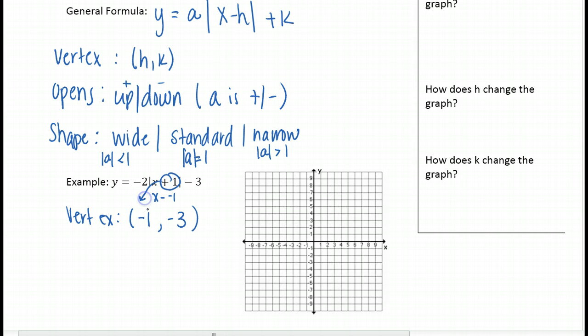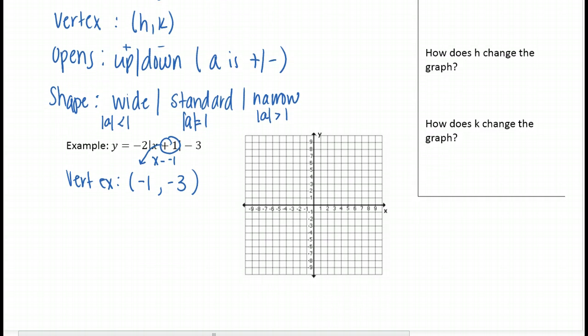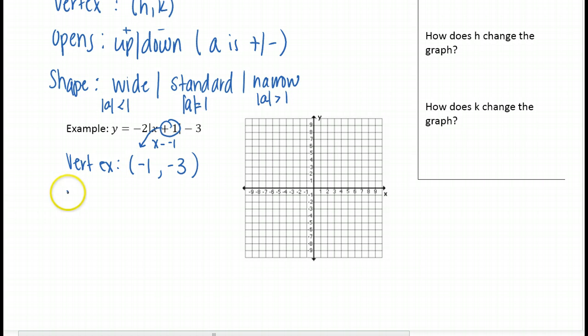It's true that our x coordinate is always opposite, and y is always the same. We can talk about how it opens. I have a negative 2, so it's negative, so that means it's going to open down. And then we do have to talk about the shape, but we'll talk about that in just a minute.